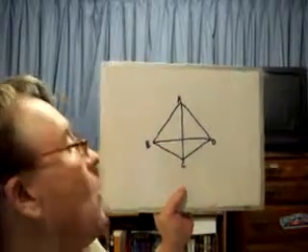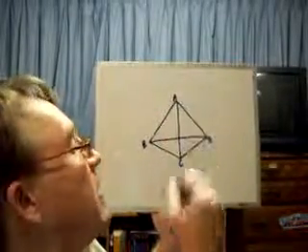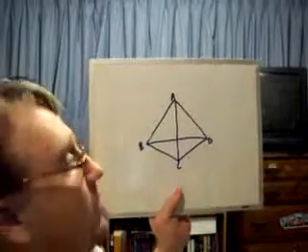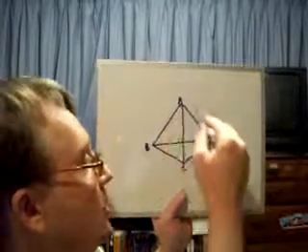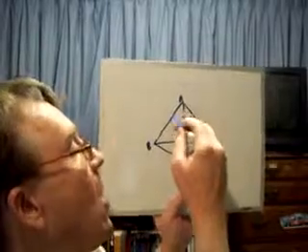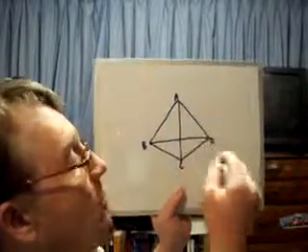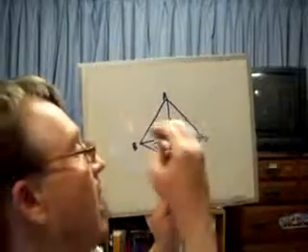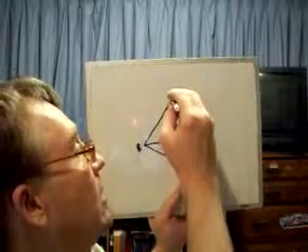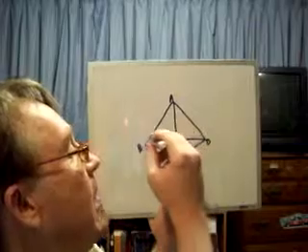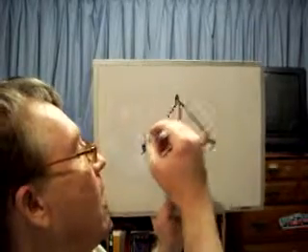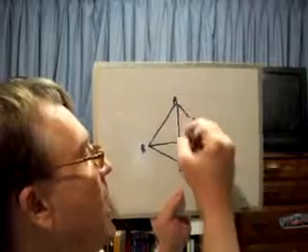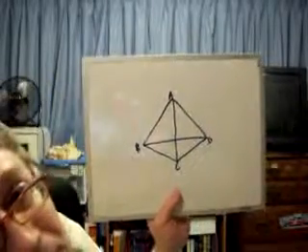Well, ABC is one plane angle, ACD is one plane angle. So this surface angle is contained by more than one plane angle. It's actually contained by more than two plane angles because this surface angle is contained by angle A, it's contained by BAD and by BAC and by CAD. See what I mean?